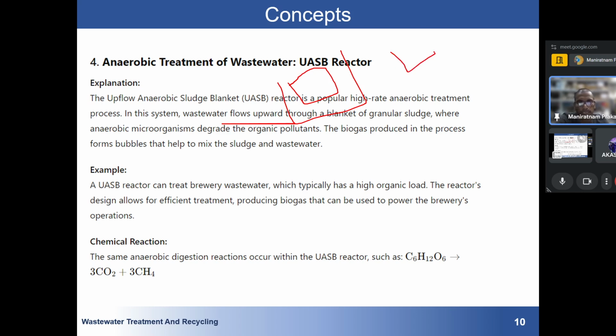Similarly, for the secondary treatment process, that is the activated sludge process, there was an aeration tank, then a sludge collector, and from there a recycling line. So this kind of arrangement was there.